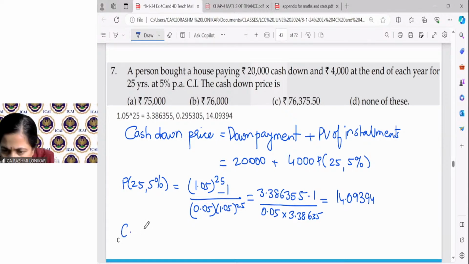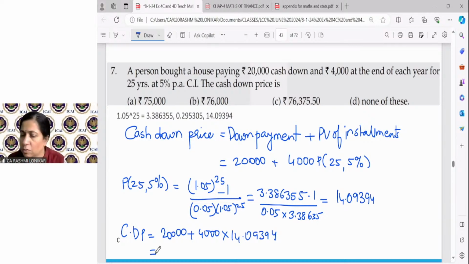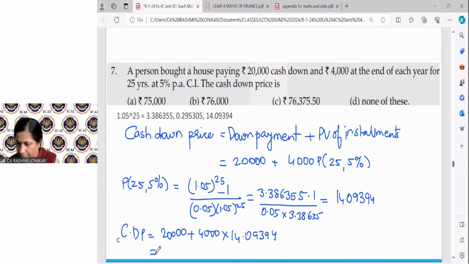Cash down price will be equal to 20,000 plus 4,000 into 14.09394, which is equal to, and you can do those calculations, 0.09394 into 4,000, which is equal to 20,000 plus 375.76.